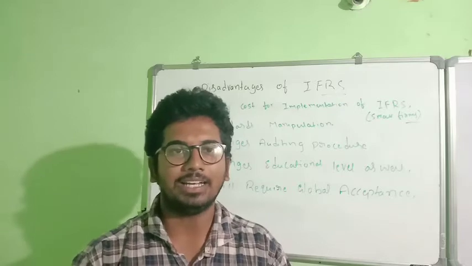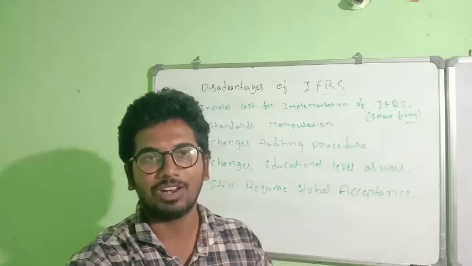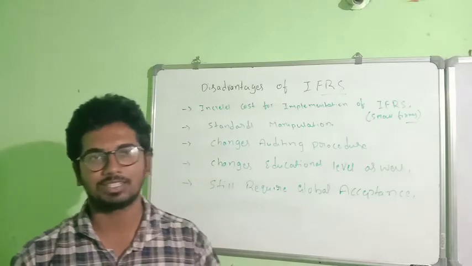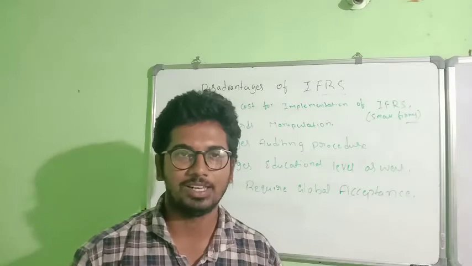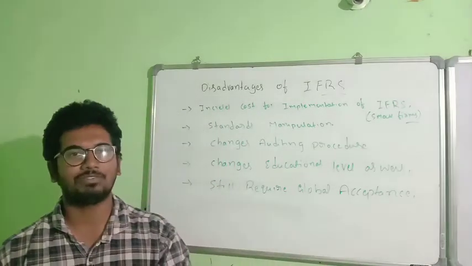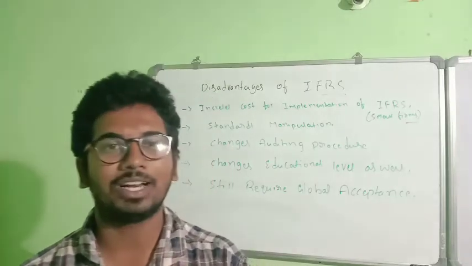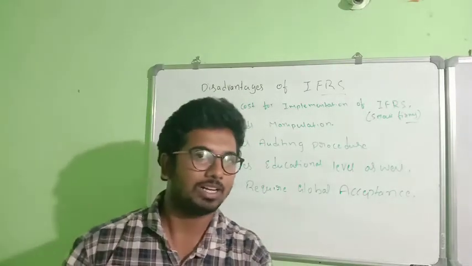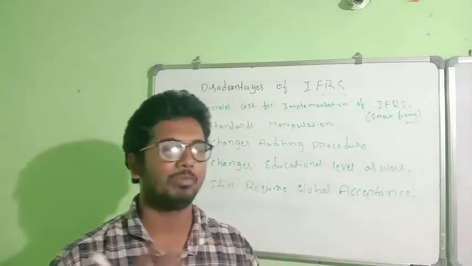So if you suddenly adopt IFRS, the auditing practices will not match your IFRS standards, and there is no use of implementing IFRS. If you are maintaining accounts as per IFRS, the auditing practices also should be at the same international level. When the auditing practices are not at the international level, there is no point in implementing IFRS.